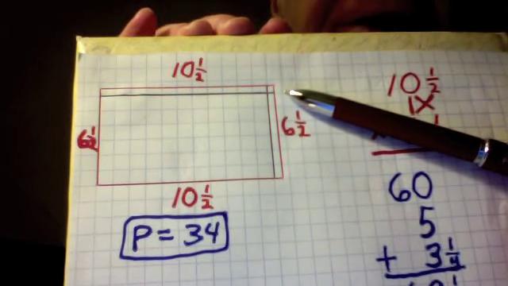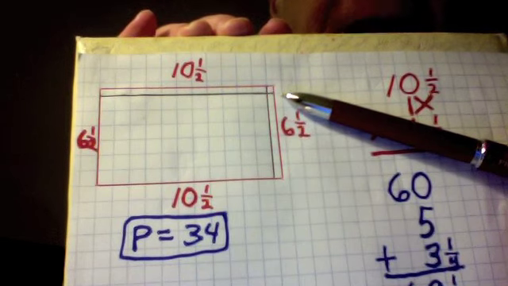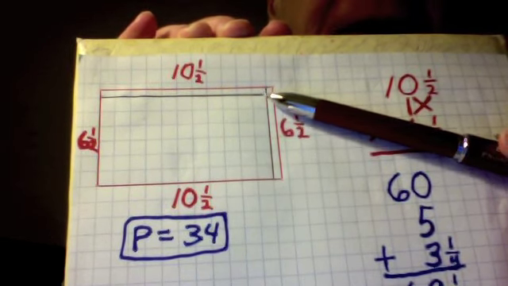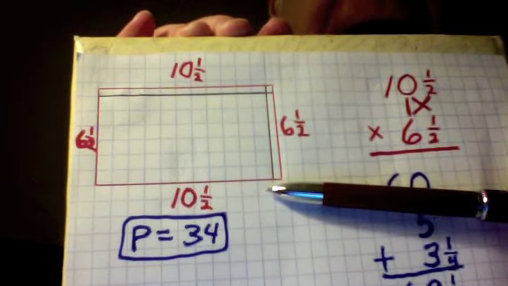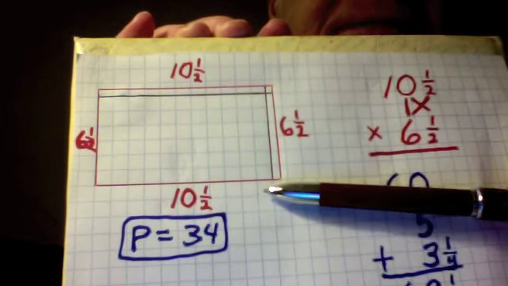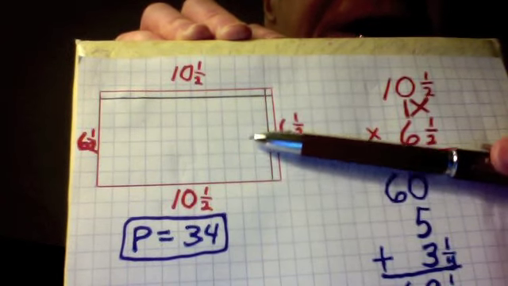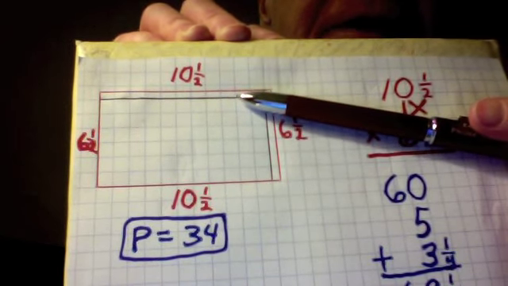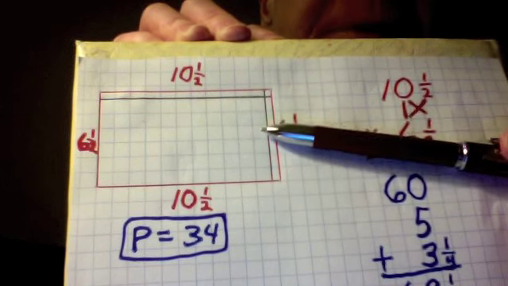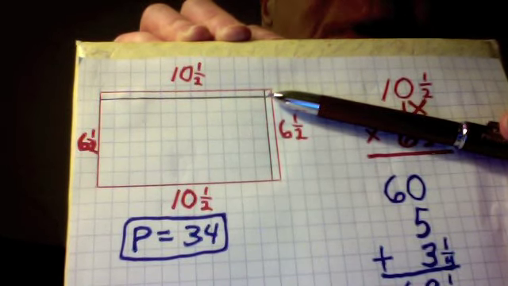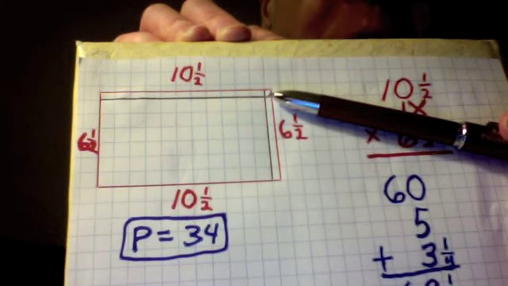I split the rectangle by this horizontal black line and this vertical black line. So you see a big rectangle, which as you see is 10 by 6, and then you have this strip across the top and this strip across the bottom, and notice the little square in the upper right hand corner.